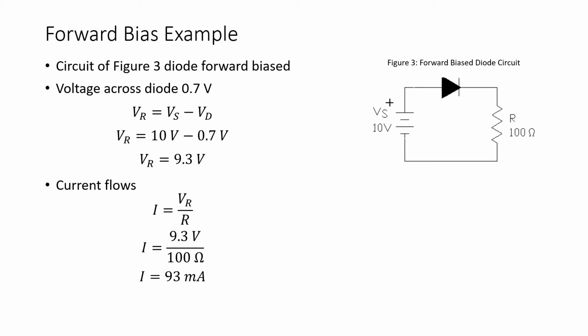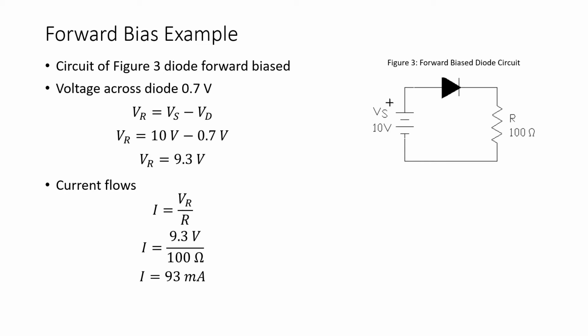And Ohm's law tells us that the current flow through a circuit can be calculated by finding the voltage drop across the resistor divided by the value of the resistor. So the current flow through this circuit will be equal to 9.3 volts divided by 100 ohms, which gives us 93 milliamps.